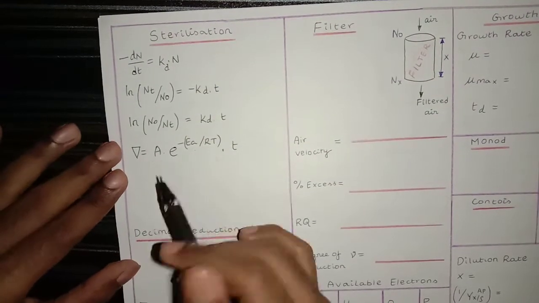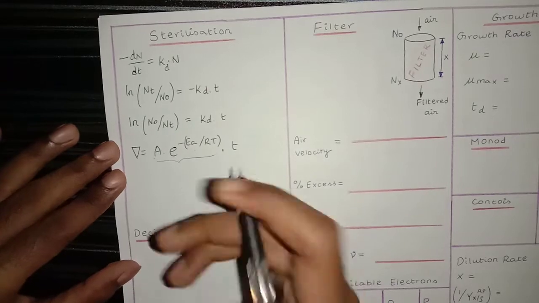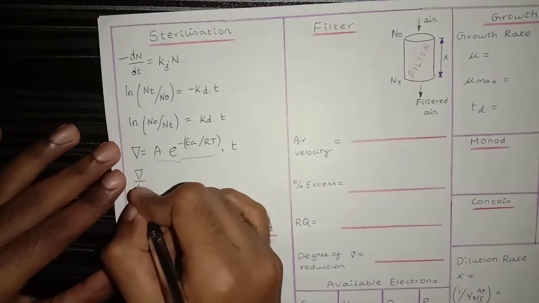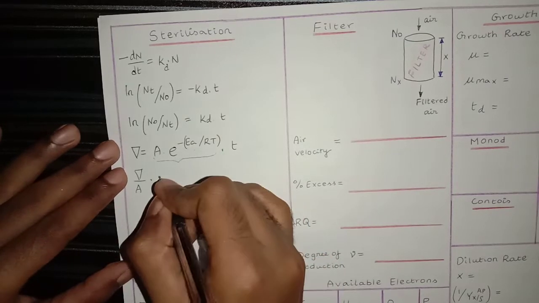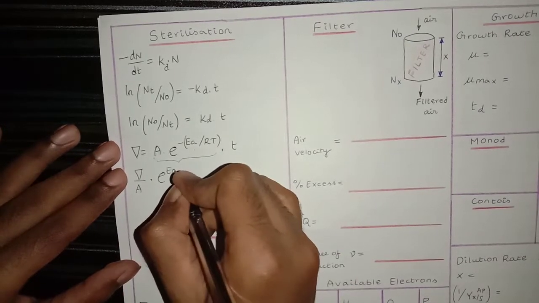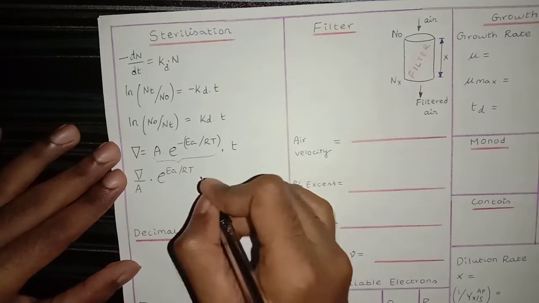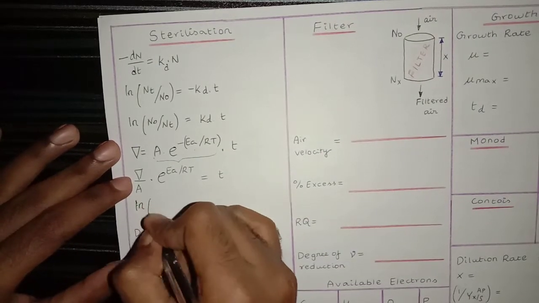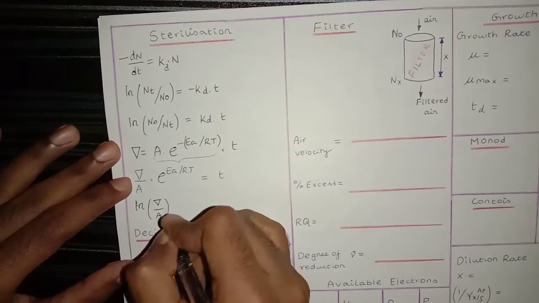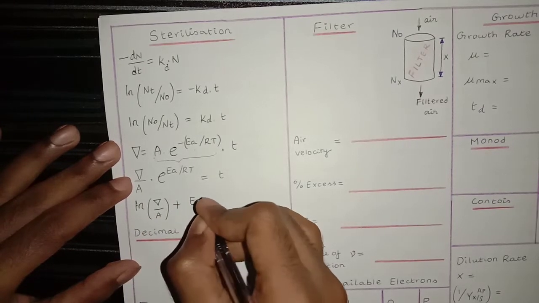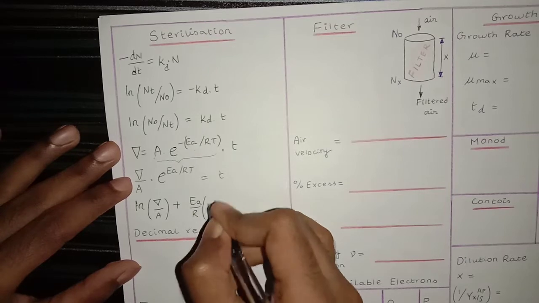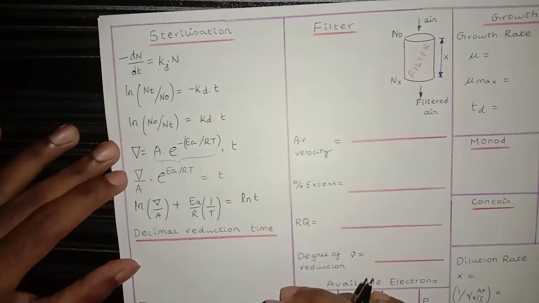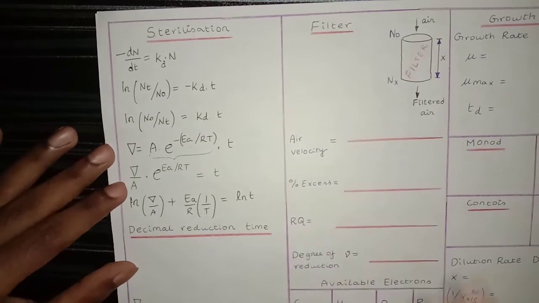Let's bring the whole k to the denominator. Therefore del over A times e power Ea over RT is equal to t. Taking ln, ln of del over A plus Ea over R times 1 over T is equal to ln t. This is one of the widely used expressions.